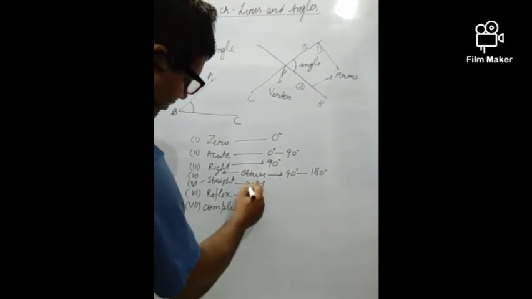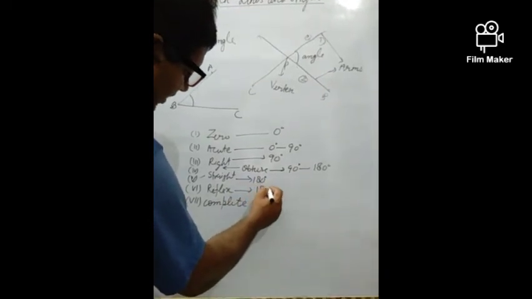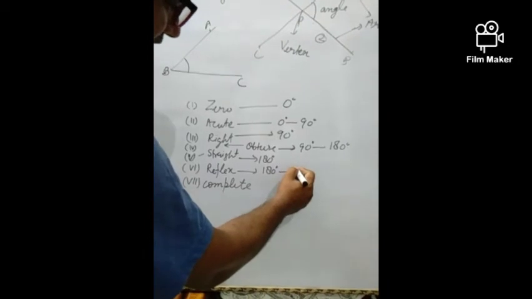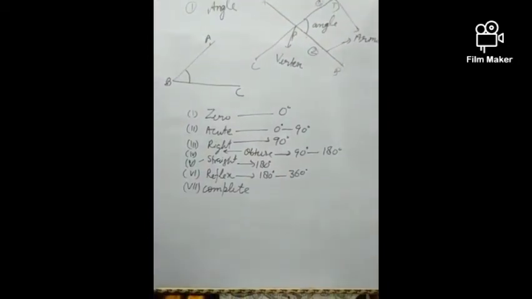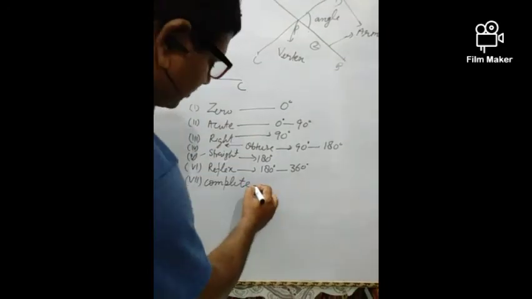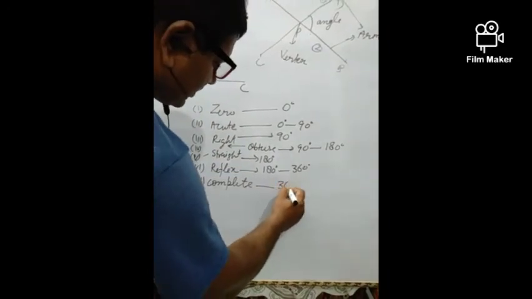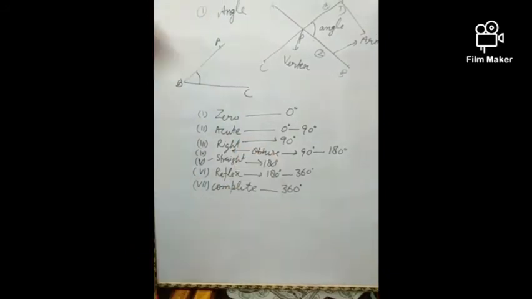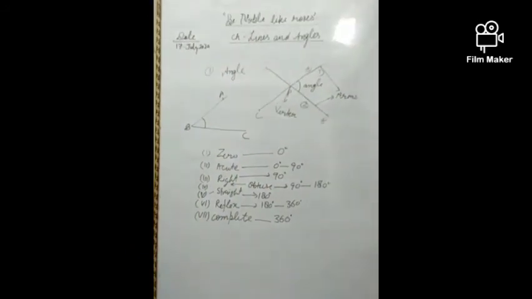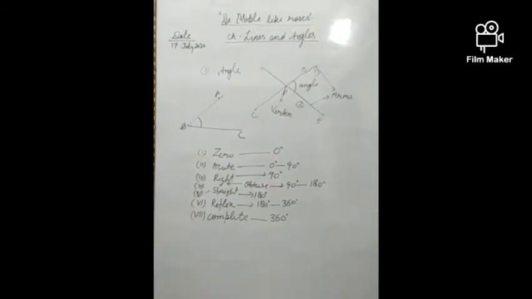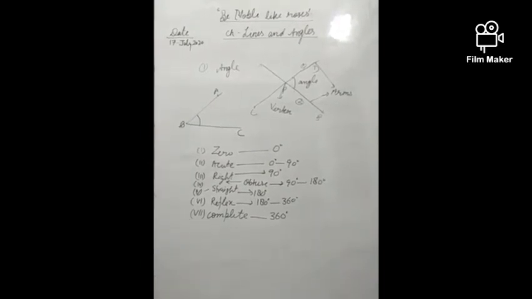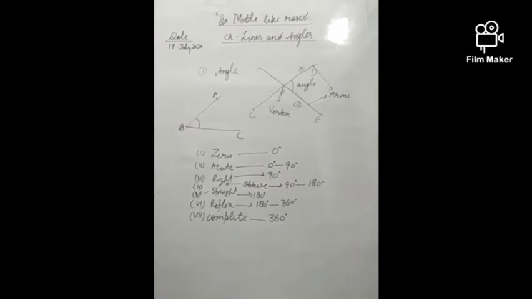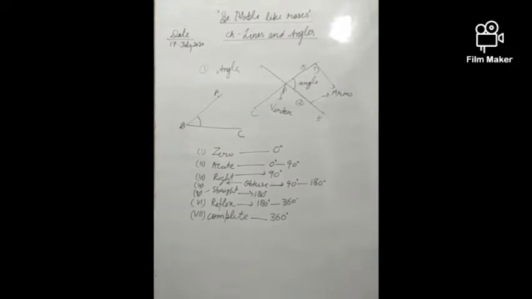Reflex angle is always more than 180, between 180 degree and 360 degree. And complete angle means 360 degree. Actually all these angles are given in class 6th, so that's why I am quickly covering them, and then we will discuss some more.